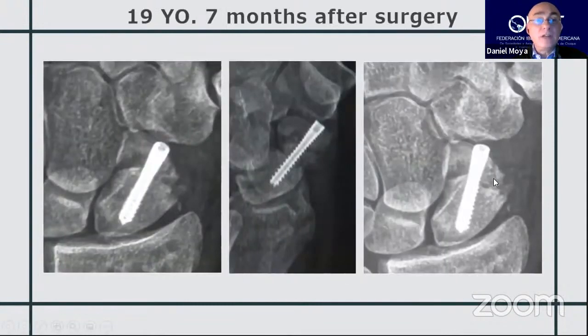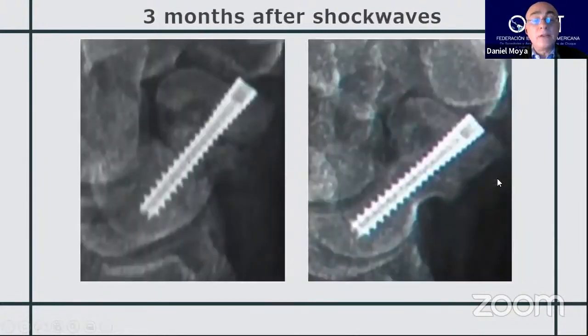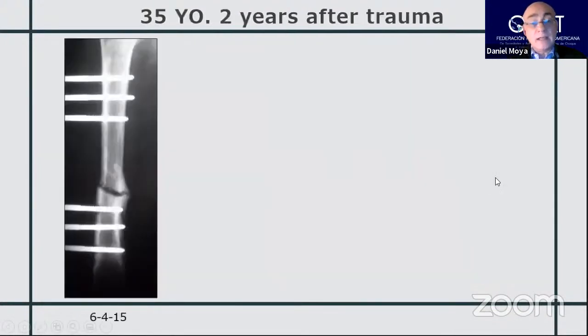This is a patient 7 months after scaphoid fracture treatment, surgery with no healing. And after 3 months and 3 sessions of shockwaves, we got it. So we avoid surgery in this case.